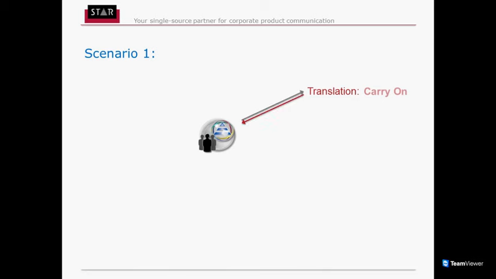Ms. Carry On translates it and sends back the TPF, the translation. Now, the project manager has the chance to record the revisions. This means in this case that all the segments which Ms. Carry On has changed, which were pre-translated, they have a revision now.